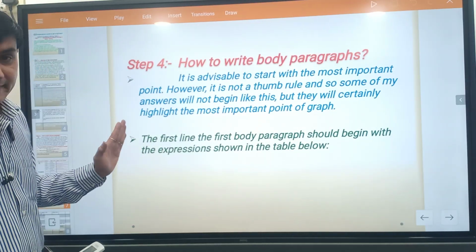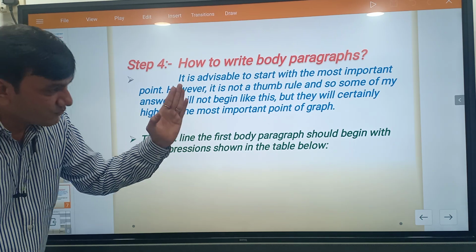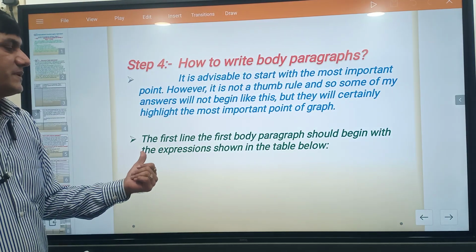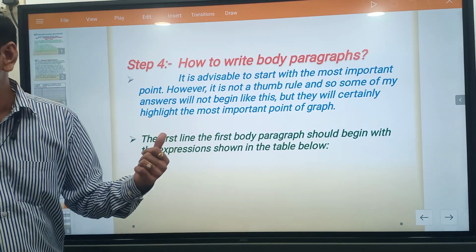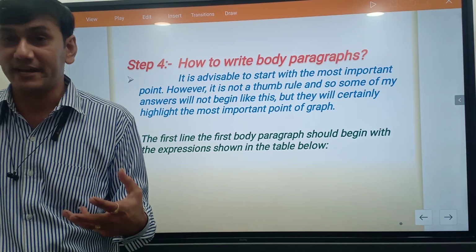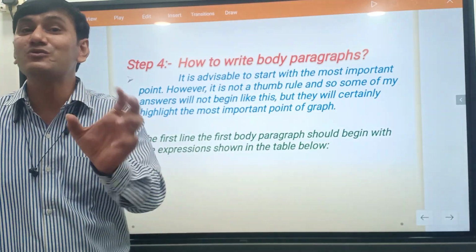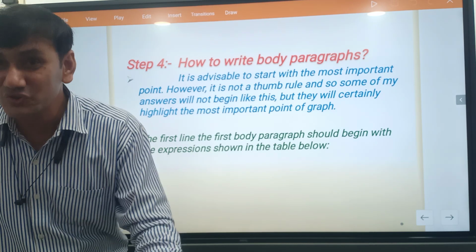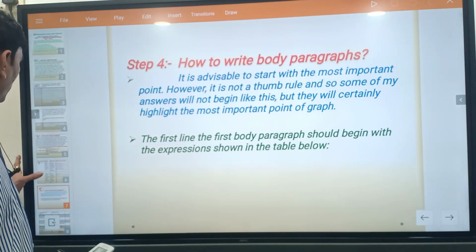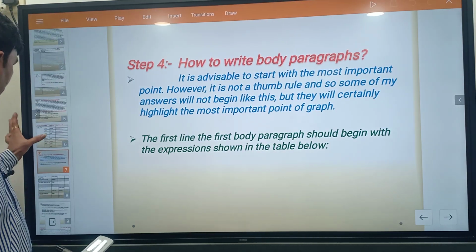Now, the first line, the first body paragraph should begin with an expression shown in the table below. Now, how to start your body paragraph? Many students don't know how to start, which kind of expression you should use. Now let's see. You have to use this kind of expression.